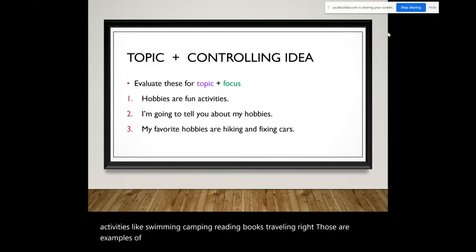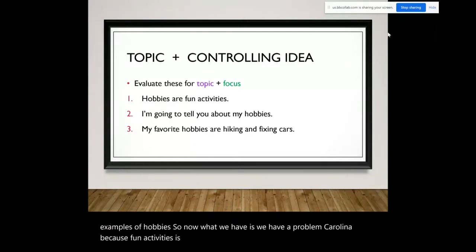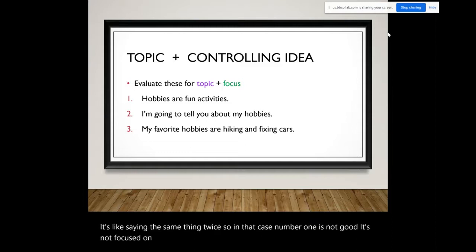So now what we have is a problem, Carolina, because fun activities is very general. That's kind of what hobbies are. It's like saying the same thing twice. So in that case, number one is not good. It's not focused on anything. Number one is just giving us a definition.